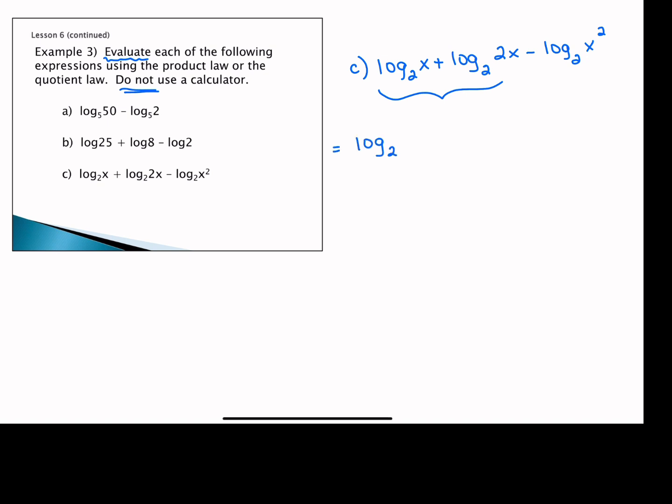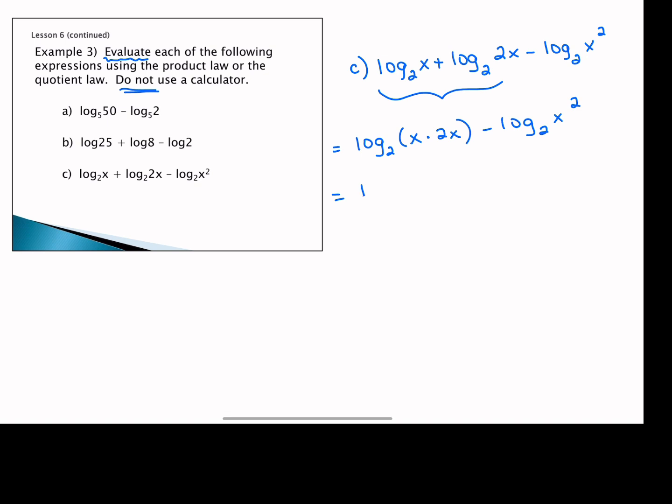Don't forget your base, because if there is no base, I'm going to assume it's a 10. So this is log base 2 of x times 2x. And eventually we'll subtract log base 2 of x squared, or absorb that term in just a moment.